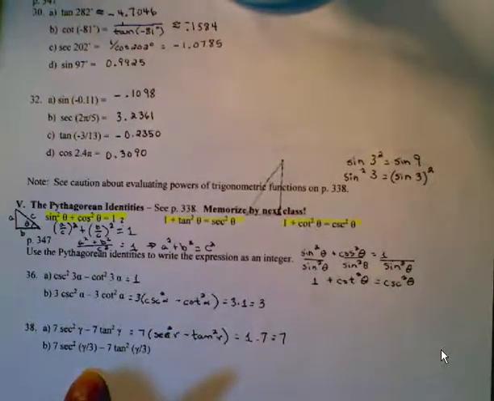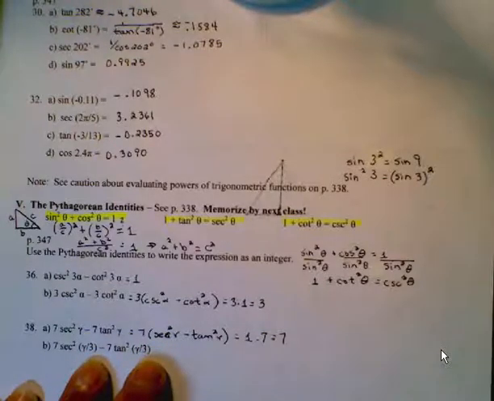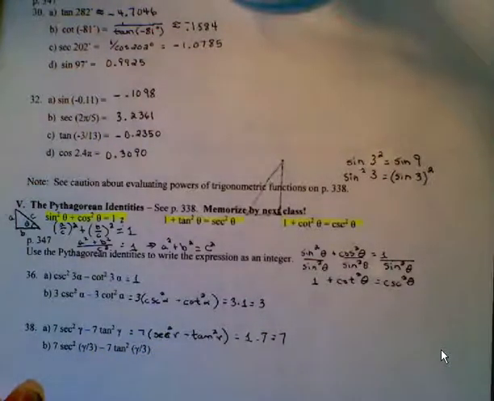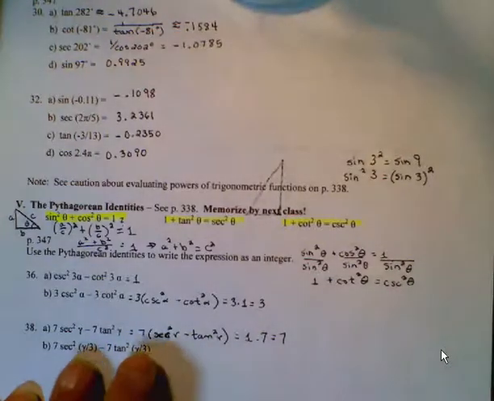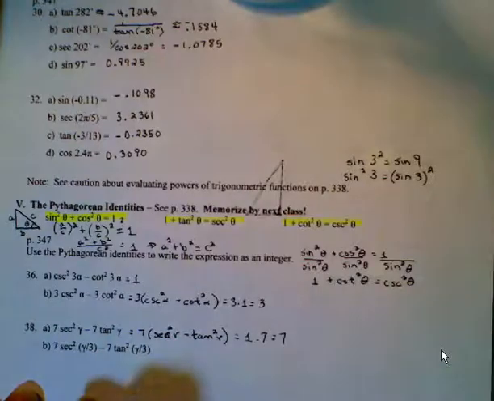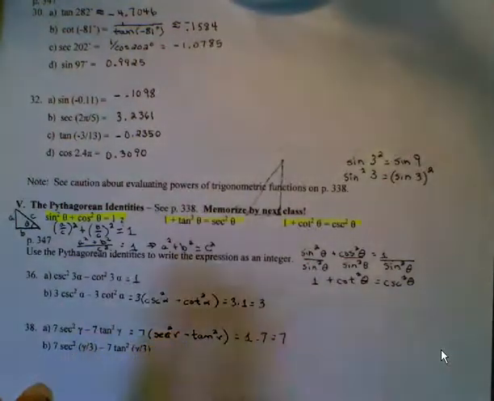This last one, we have 7 secant squared gamma over 3 minus 7 tangent squared gamma over 3. Is it legal to factor out a 7? Yes, it is, because they are coefficients. Could we factor out a 1/3 and just leave the argument being gamma? No, you can't factor a constant out of these arguments. It doesn't matter that they're gamma over 3. What matters is that they're the same.